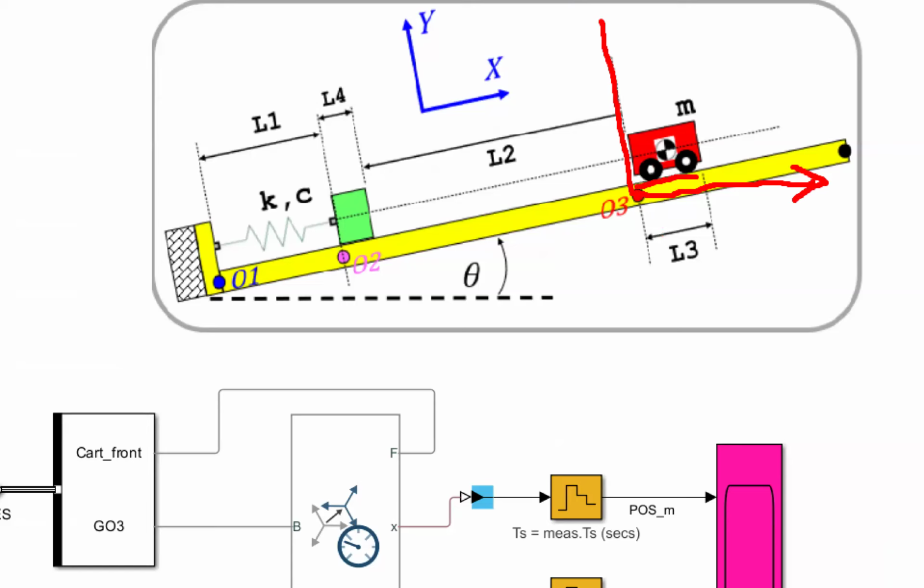So the x-axis of the O3 observer is parallel to the inclined plane. The y-axis of the O3 observer is perpendicular to the inclined plane. But this origin O3 is where our observer with his binoculars was based. So this is the guy telling us what the position and velocity of the red cart is.